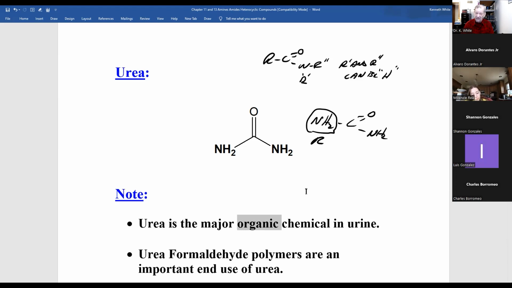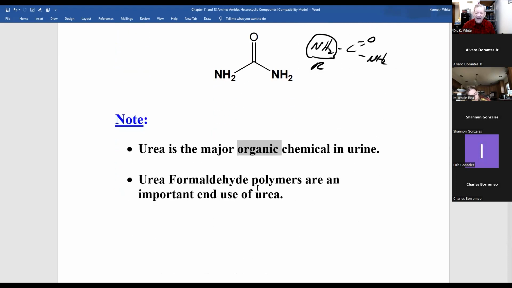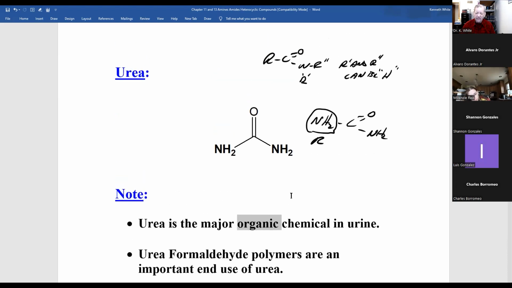Wow, that was a long time ago. Not there's anything wrong with biology, but by then I already knew I wanted to be a chemist. Urea is a white solid at room temperature. And it can react with formaldehyde, and I'll teach you this later, to make very important urea formaldehyde polymers. And I worked for Borden Chemical, now called Exxon, and that was a major product.